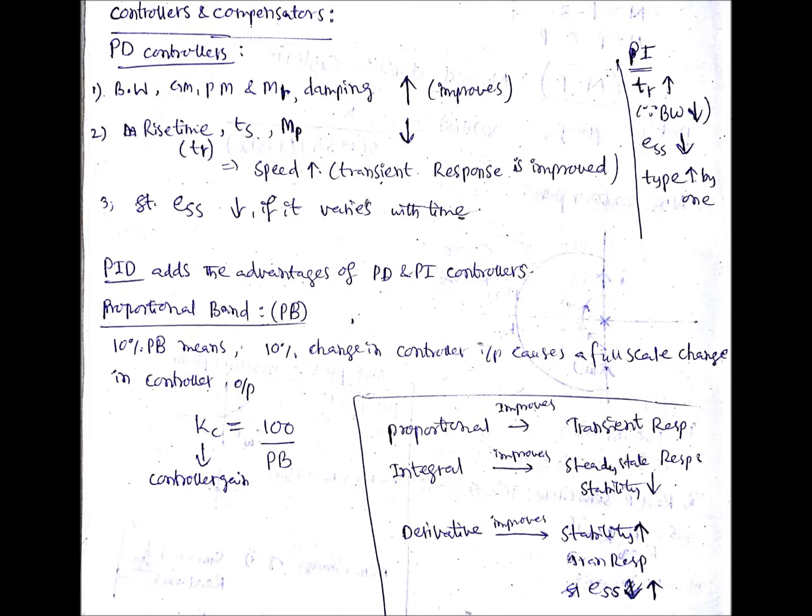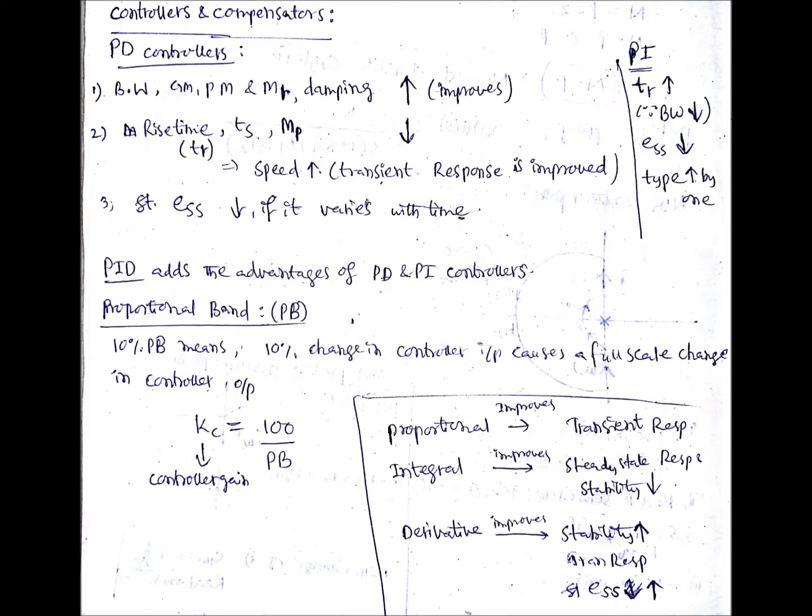Finally, if you consider each type of controller, that is proportional, integral and derivative, each has these advantages. Proportional is going to improve the transient response, that means it is going to increase the speed. Similarly, integral is going to improve the steady state response, but stability is going to reduce.